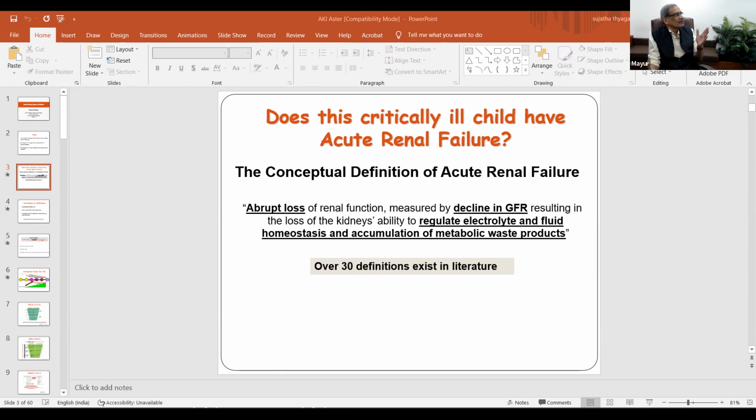Whereas we need something which will give statistically different grades of renal insufficiency, we may call it. So we need something more precise, which is not possible with the acute renal failure terminology. So we go for acute kidney injury, and not acute renal failure.